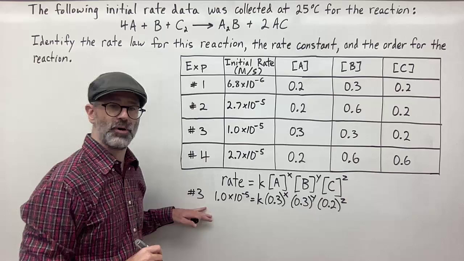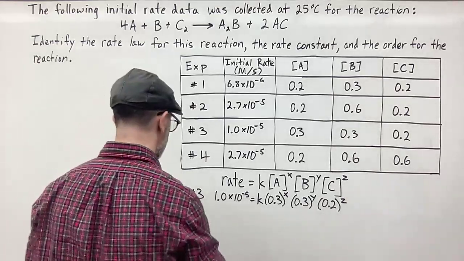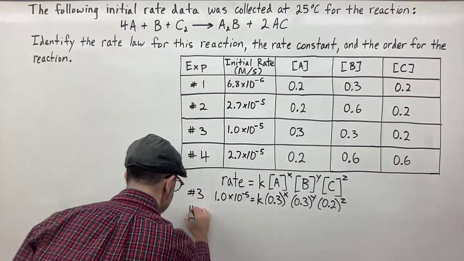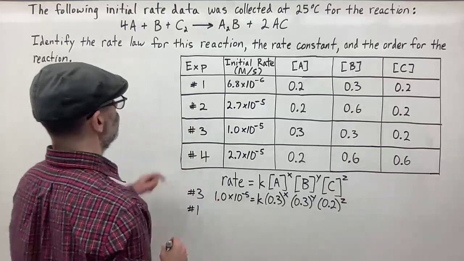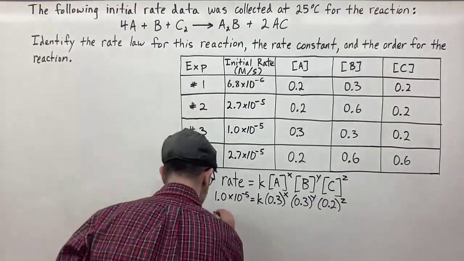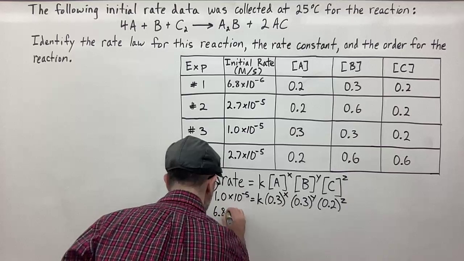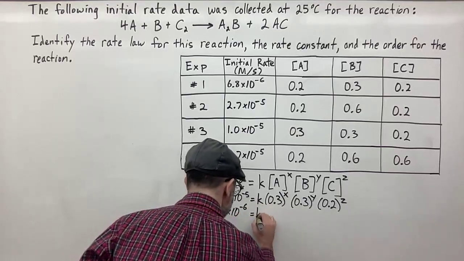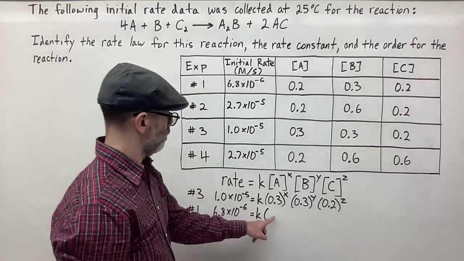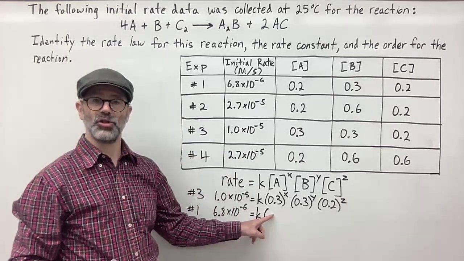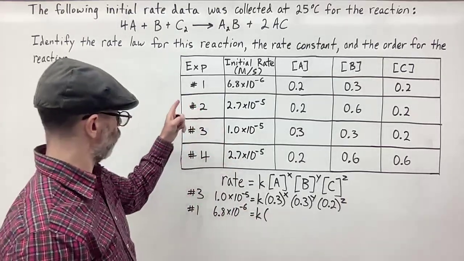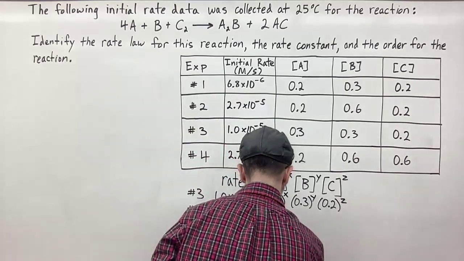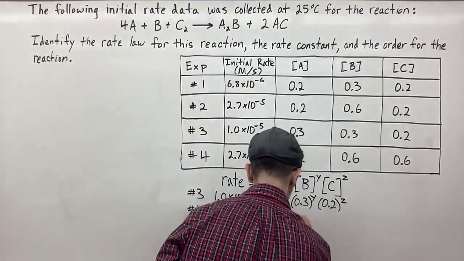So that's number 3. We're going to do the same thing for number 1. So for number 1, the rate is 6.8 times 10 to the negative 6. And again, that's going to be equal to k times the initial concentration of A, which for number 1 is going to be 0.2 raised to the x power.